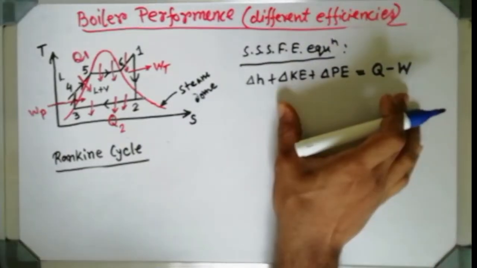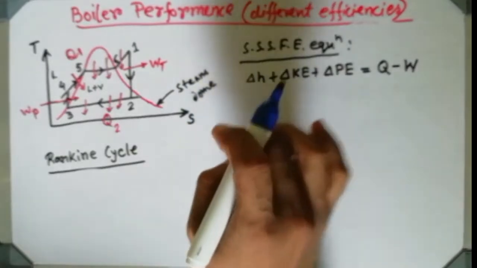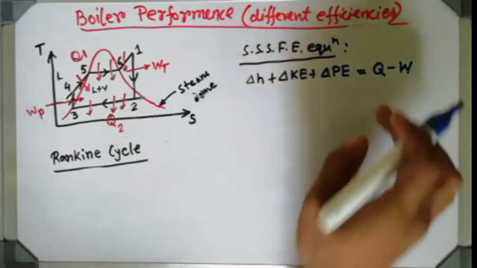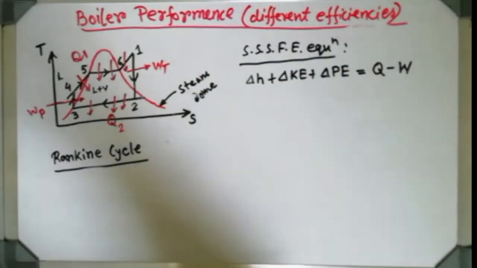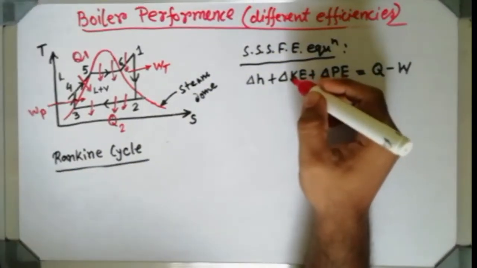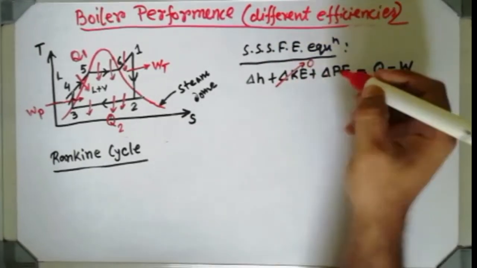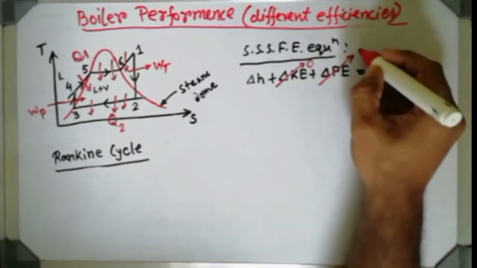Why am I bringing this up here? Because if you want to find out the work done for every device, we have to use this equation. I can convert this equation into a very easy form, because we are neglecting the change in kinetic energy here. We are neglecting the change in potential energy also.